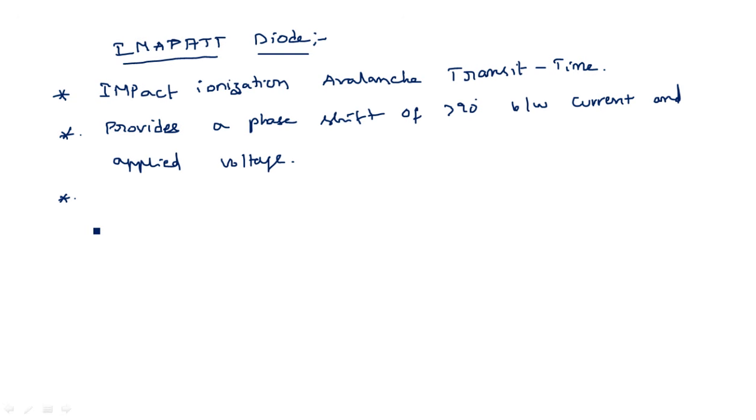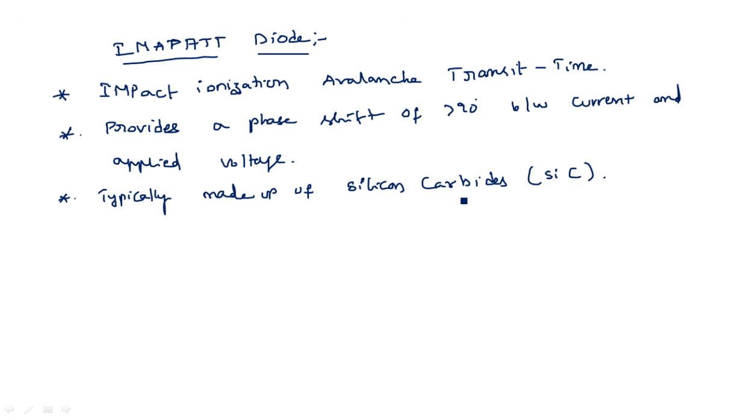So typically such avalanche transit time devices, remember all the avalanche transit time devices, are made up of compound materials. Compound materials you know very well, which is nothing but a mixing of two different semiconducting layers, gallium arsenide, silicon carbide, or indium phosphide. So we are mixing two different semiconducting layers and creating a compound material. They are made up of silicon carbides due to their high breakdown capacity.